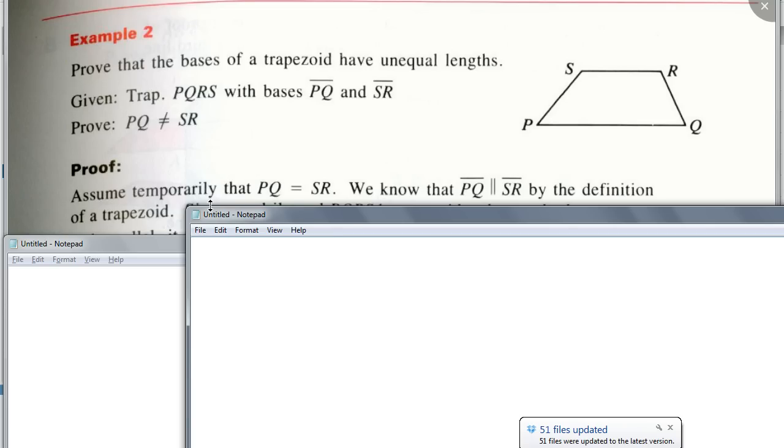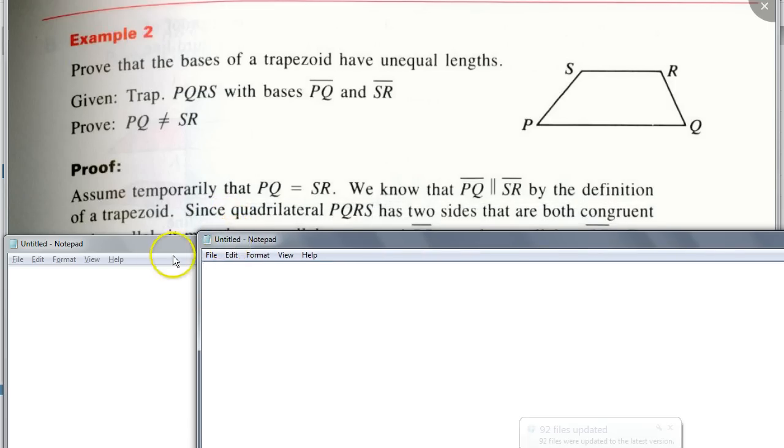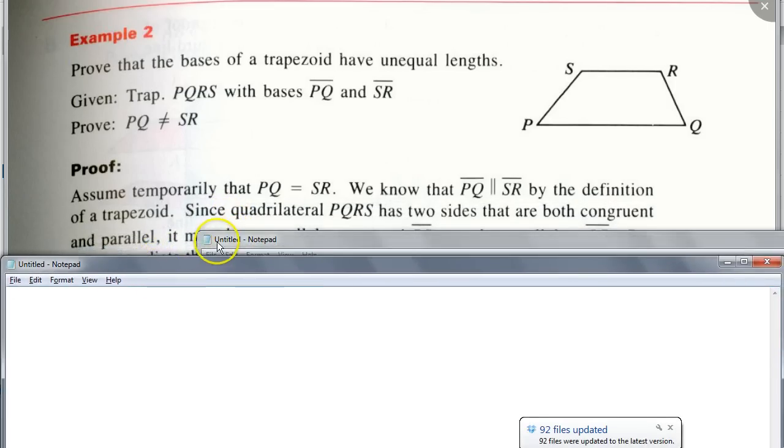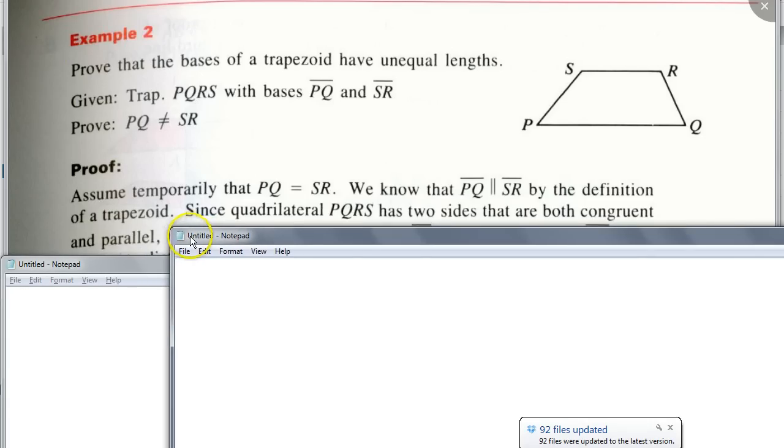It's a parallelogram, isn't it? Do you guys remember that theorem? If you have a quadrilateral and the opposite sides happen to be both parallel and congruent, what do we have? We have a parallelogram, right? It must be a parallelogram. Do you understand? So then what are you going to say next?